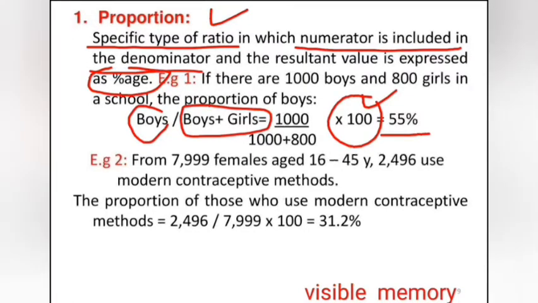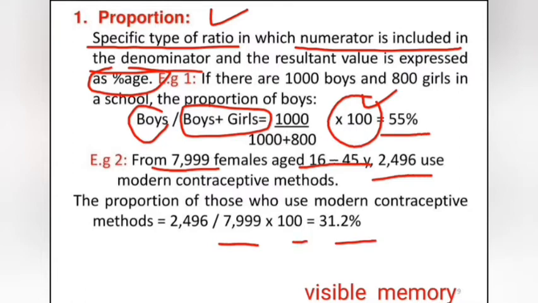The females aged 16 to 45 years number 7,999, and 2,496 of them use modern contraceptive methods. The proportion of those who use modern contraceptive methods is 2,496 divided by the total females 7,999, multiplied by 100, which is 31.2%.